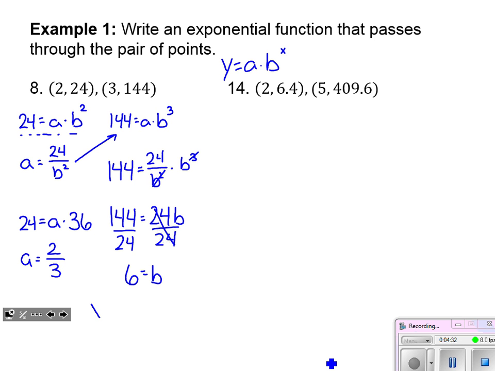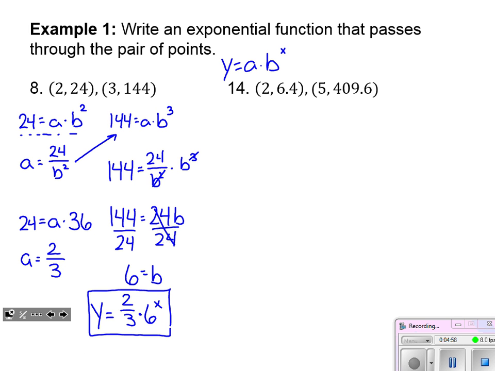So the equation is y equals 2/3 times 6 to the x power. Okay, and just to check to make sure that's working, I would plug in both of those points and make sure they make true statements when we plug in the x and the y that we were given for each of those points. Now for number 14.